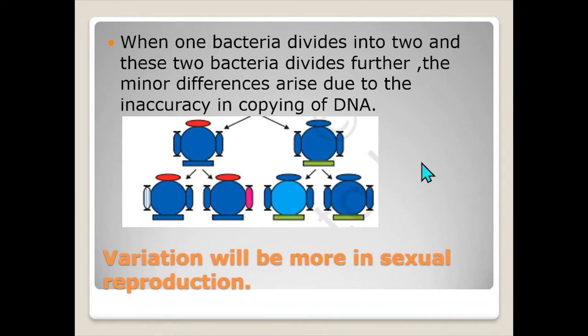During gamete formation only one chromosome from each pair is passed on, so again one set of chromosomes from father and one set from mother. Again, these chromosomes get rearranged, so the chances of variation will be more in the case of sexual reproduction.